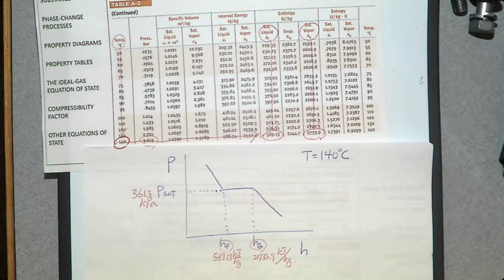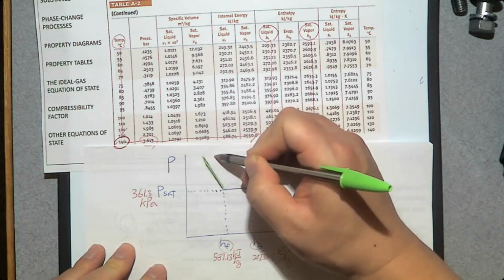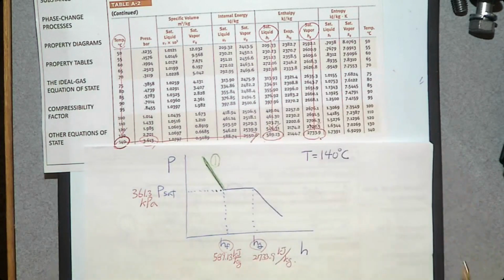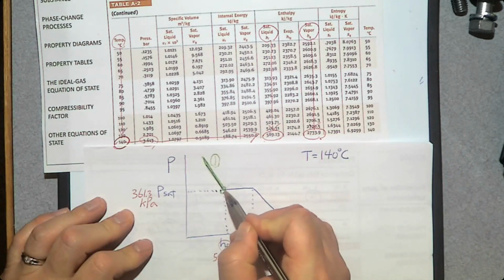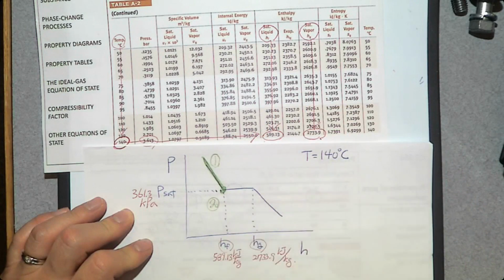Then on this pH diagram, we have compressed liquid, phase change process number 1, compressed liquid on this line, and this point represents saturated liquid, phase change process number 2, saturated liquid.